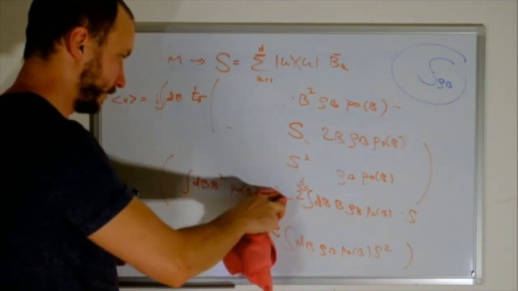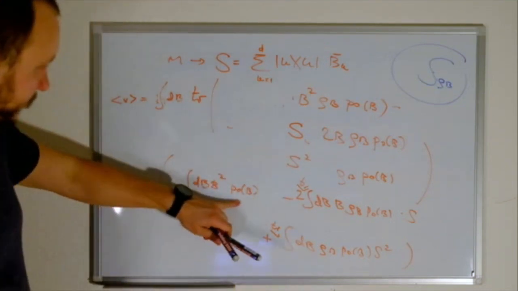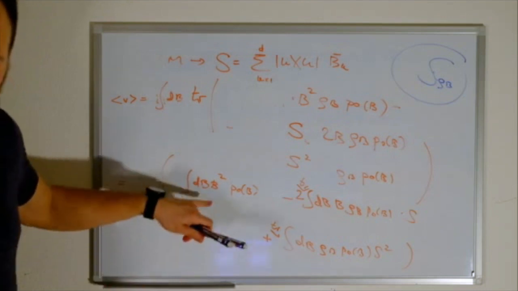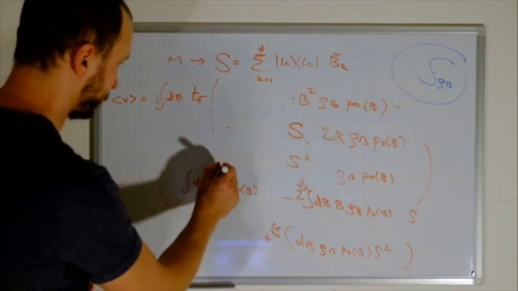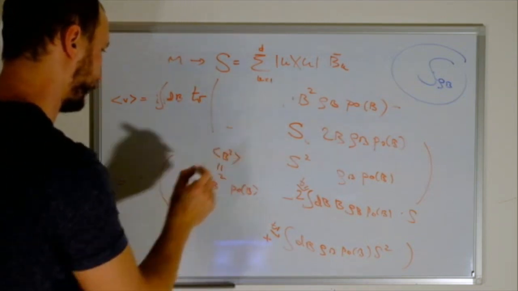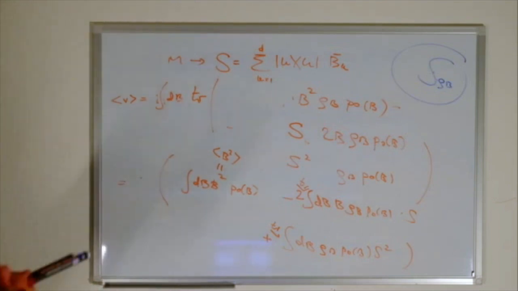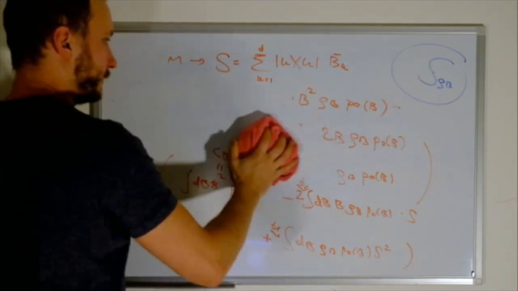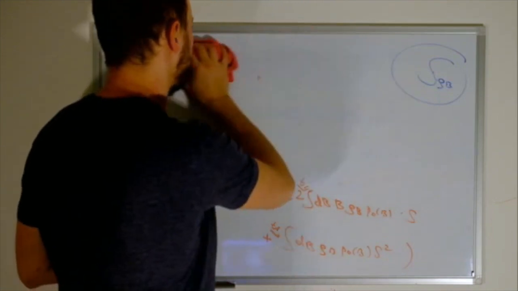We trace out the density matrix, but what is left is the expected value of b squared on the prior distribution. So this thing is b squared. Alright? Good. And this is now the last line.